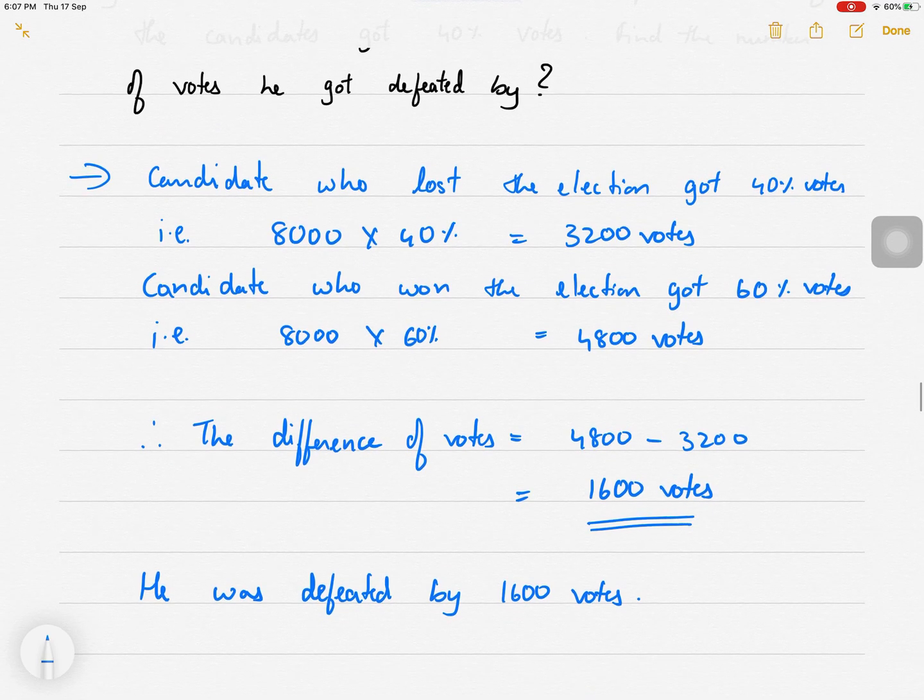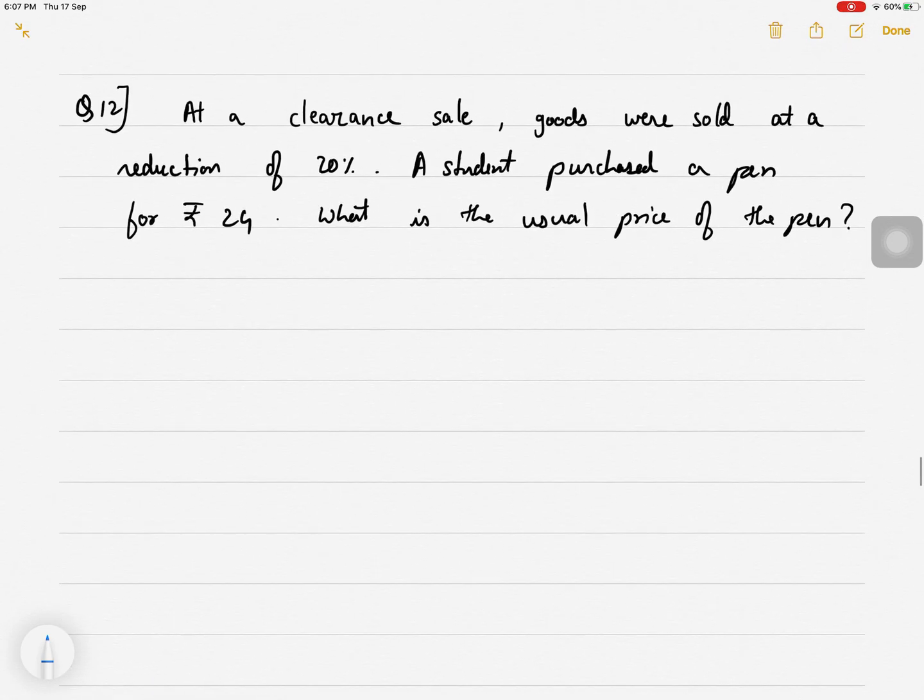Let's solve the next problem. At a clearance sale, goods were sold at a reduction of 20%. A student purchased a pen for rupees 24. What is the usual price of the pen? Very simple. Goods were sold at a reduction of 20%.